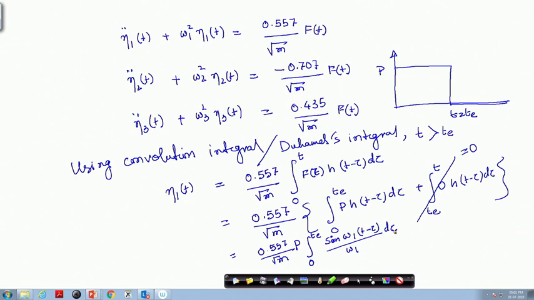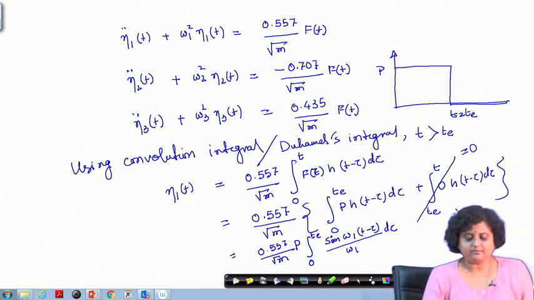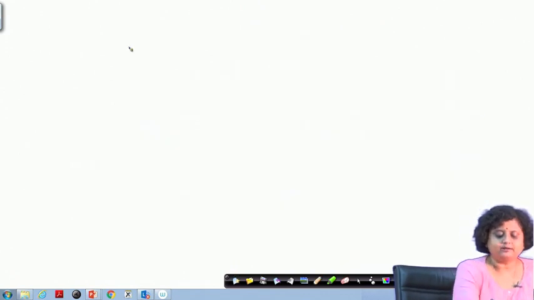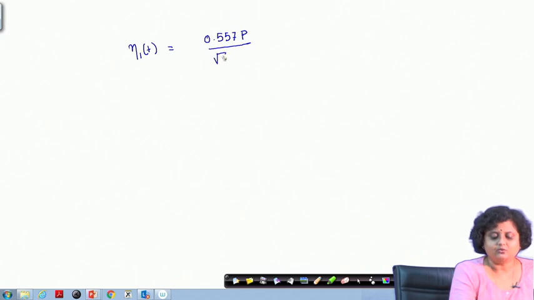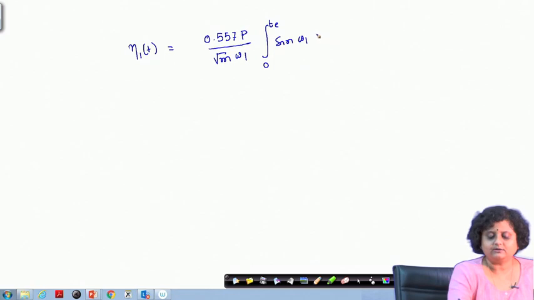So, we have done exactly this thing for a single degree of freedom problem. We are now just extending it to the multi degree of freedom system, right. So, I have got eta 1 t as 0.557 p by root over m into omega 1 into the integral from 0 to t e of sin omega 1 (t minus tau) d tau.